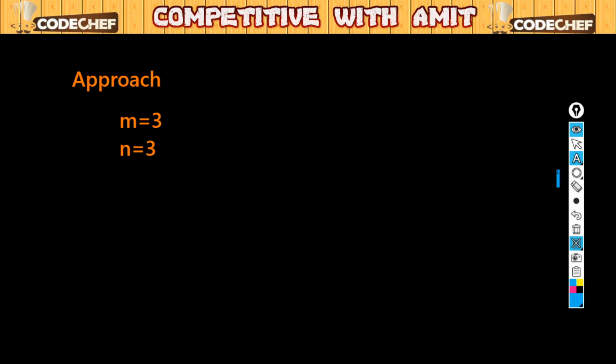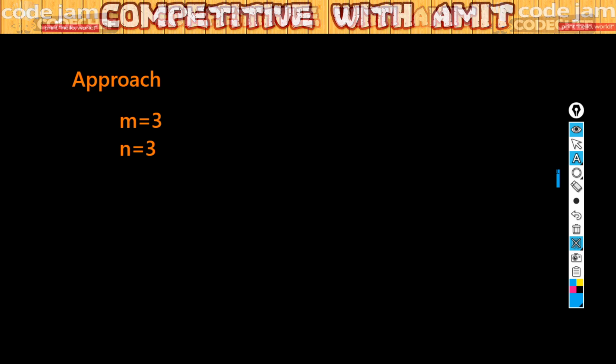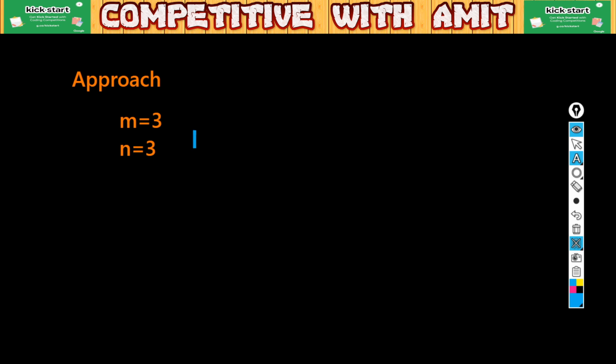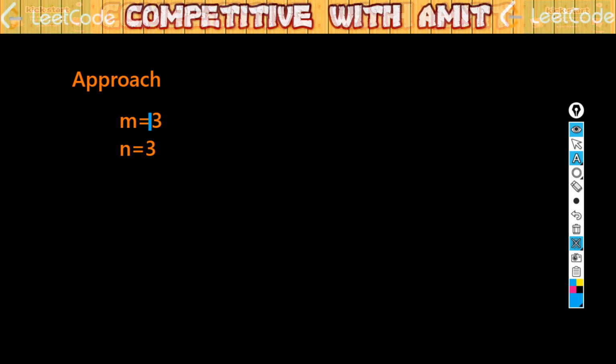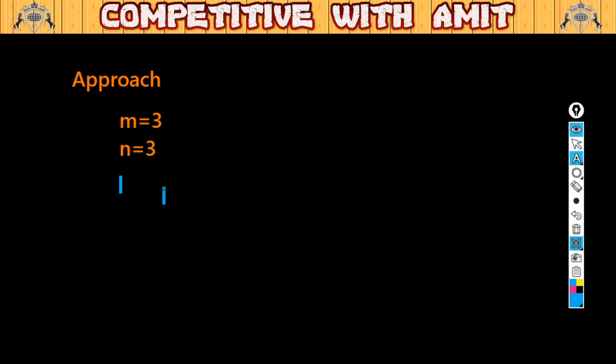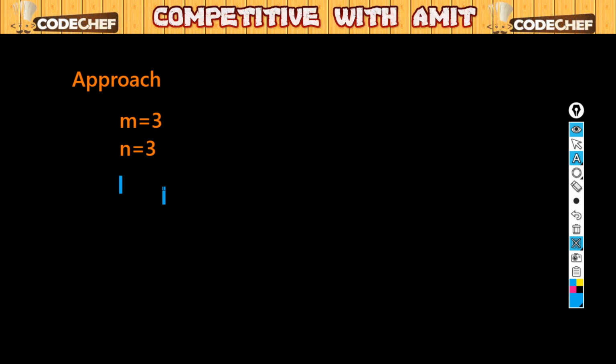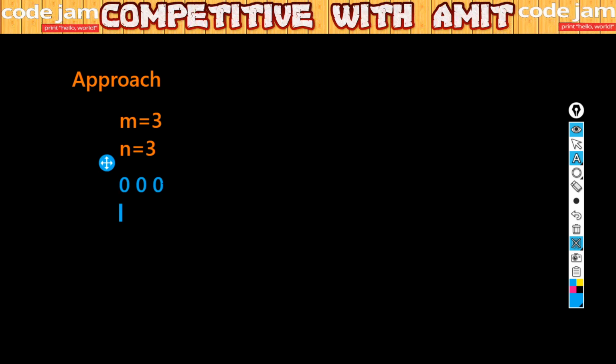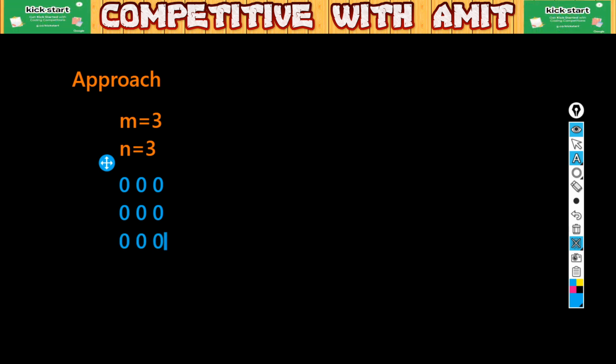So in this also we will use dynamic programming. We have to traverse a 2D matrix, so we will use 2D dynamic programming. First of all, I will create a 2D DP matrix and initialize all its values to 0.